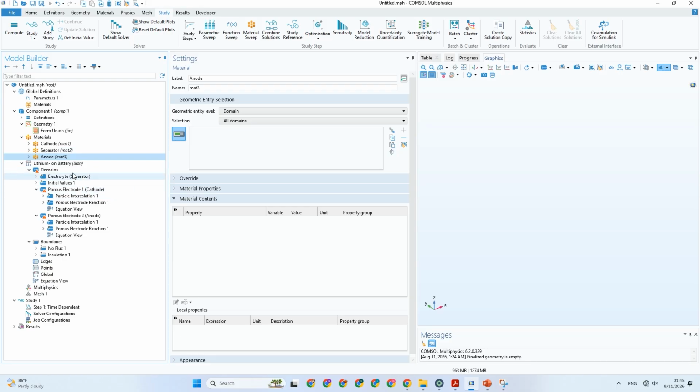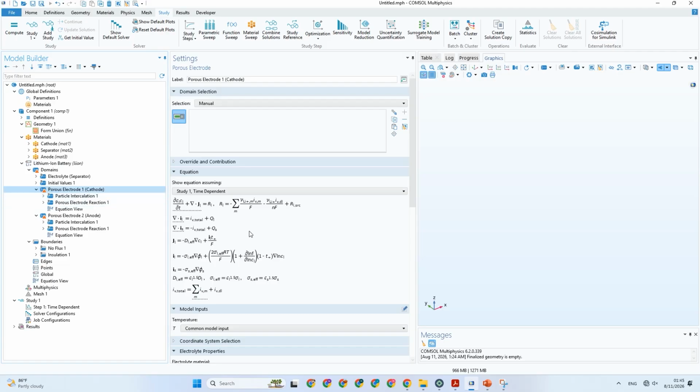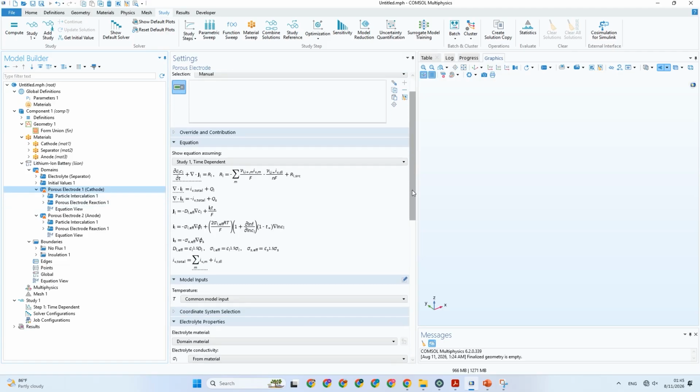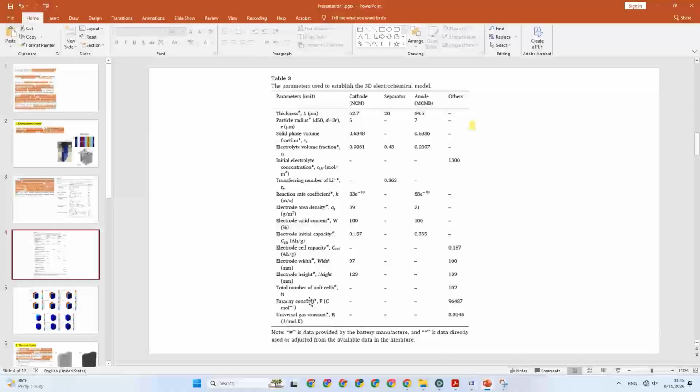Now we can trust this equation, and I write it here. We can maybe recheck it again. Let me rewrite it again. And you can see all of the parameters, for example, total number of unit cells, Faraday constant. These are not so important.